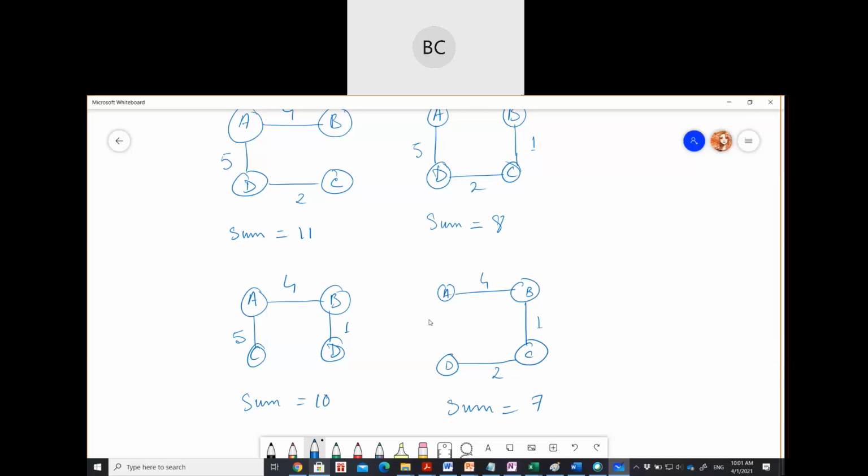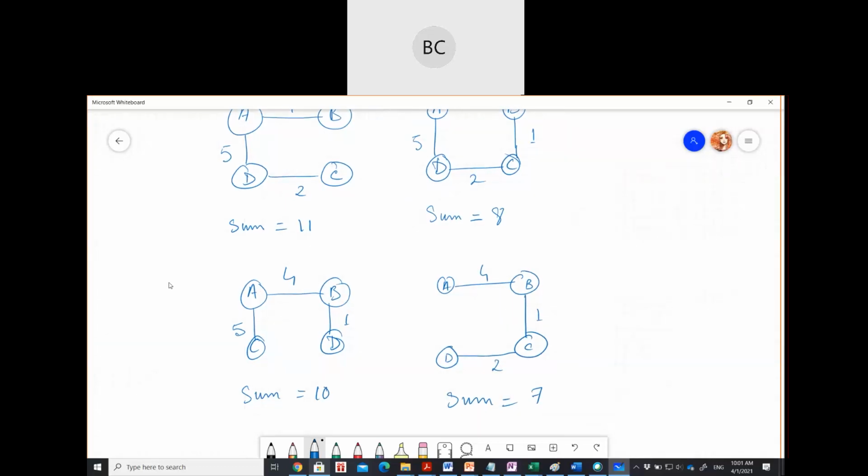Okay. So tell me which one is the minimum spanning tree. I have given you 4 spanning trees, and which one is the minimum spanning tree?